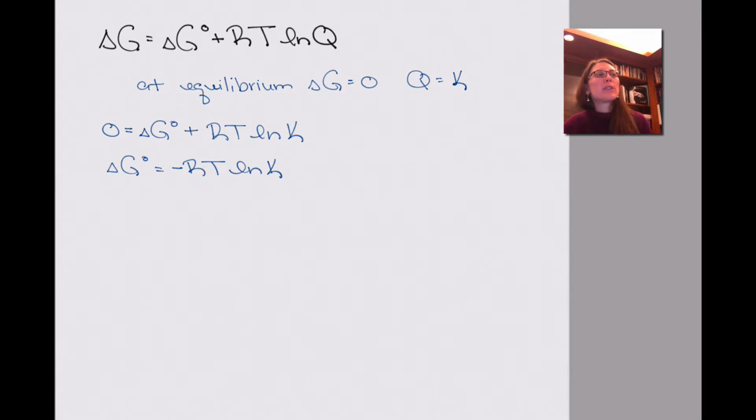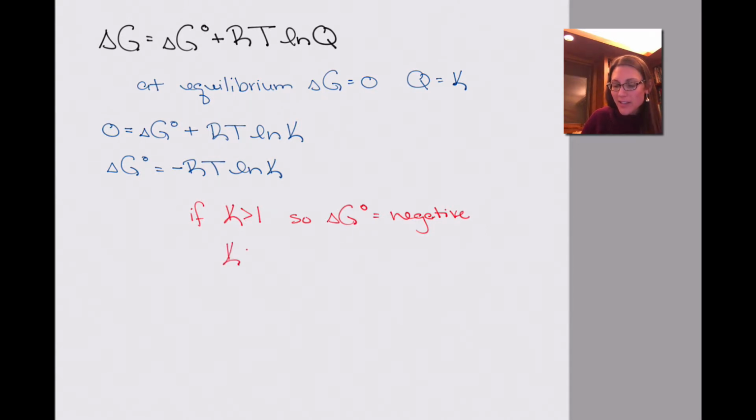And so this is incredibly, incredibly powerful because if we know delta G, we know K. And if we know K, we know delta G. And it also allows us to get a little bit of further insight into what's going on because as it turns out, if you look at the way this equation works, if K is greater than 1, then you'll get a positive value for the natural log of K, and delta G naught is going to be negative. So if K is greater than 1, your value for delta G is negative.